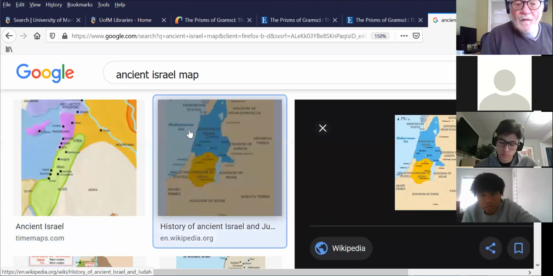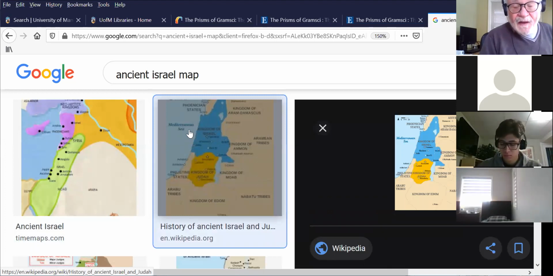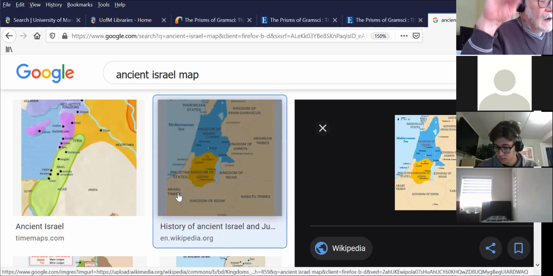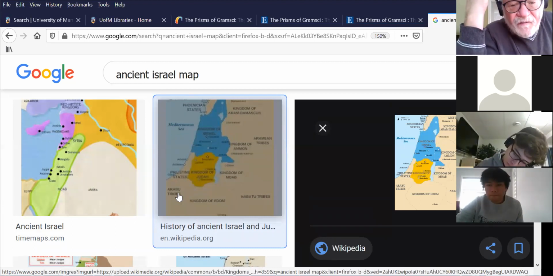From a political and of course economic point of view, and archaeology, which is very well developed in this region. The archaeology was first done by Christians, and much of it is now continued by the Israeli state. The archaeology has revealed a really poor country.